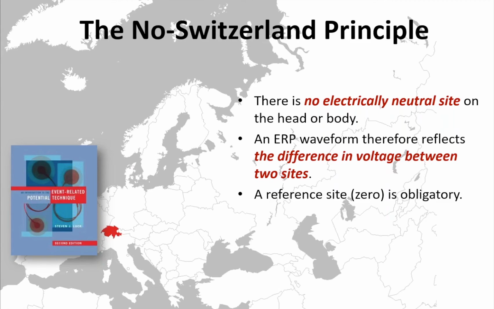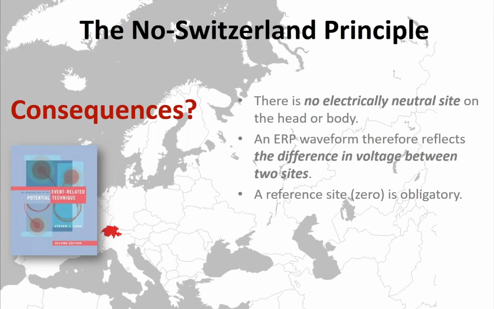So that's important to bear in mind, but what's also important to bear in mind are what are the consequences of this? What does it mean to our measurements, to our interpretation of data, if this no Switzerland principle is indeed an undeniable truth about the biophysics of EEG?